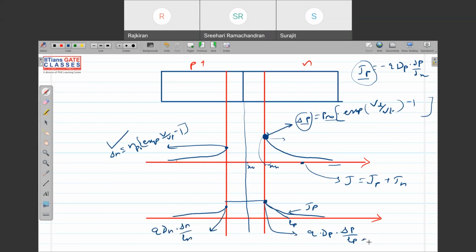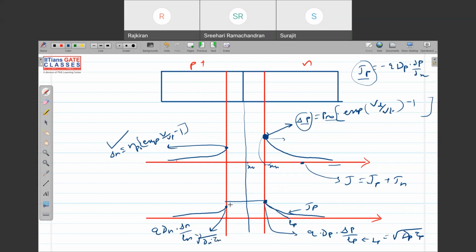Here Lp is root over of Dp into tau p, and Ln will be equal to root over of Dn into tau n.